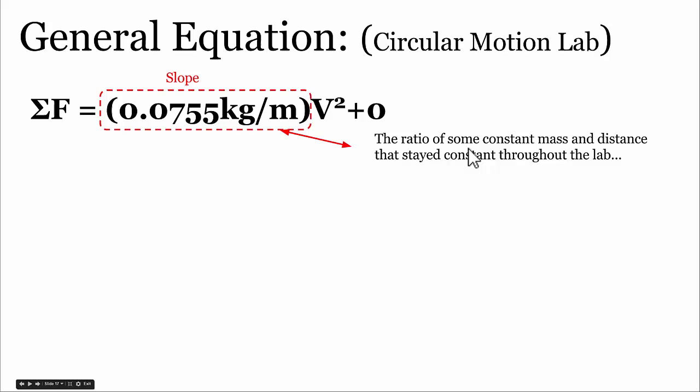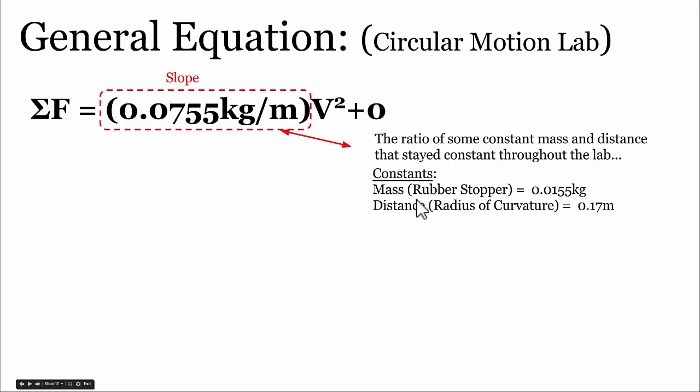So when looking at this ratio, several groups realized that they had a mass that stayed constant. That was the mass of the stopper, and there was also a distance that stayed constant throughout the experiment. That was the radius of curvature of that stopper. For this particular group, the mass of the rubber stopper was 15.5 grams, or 0.0155 kilograms, and the radius of curvature that they chose to use was 0.17 meters.